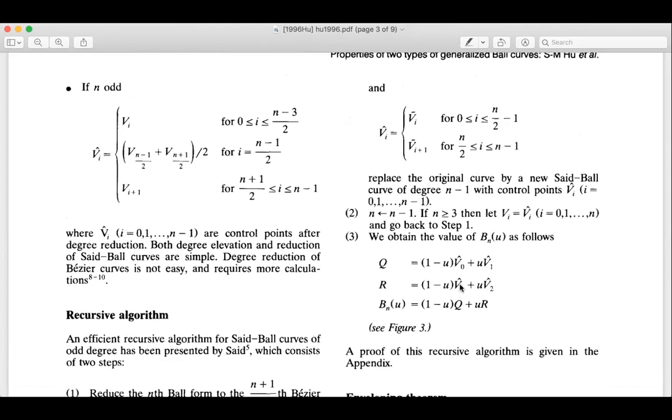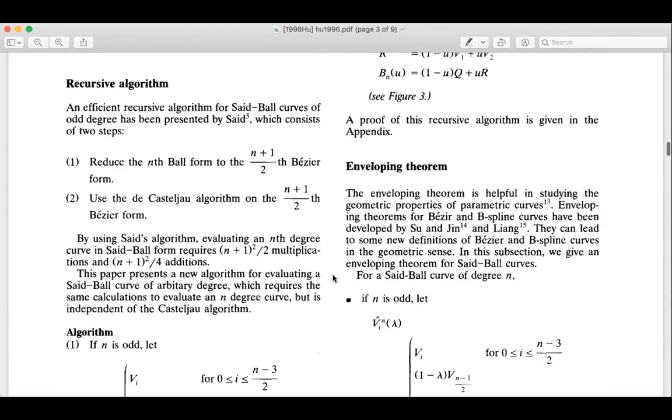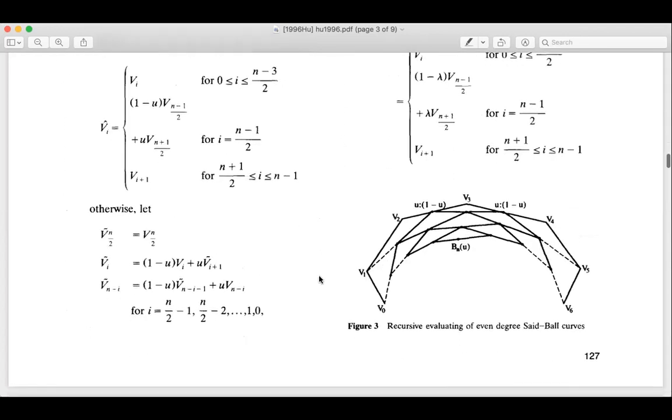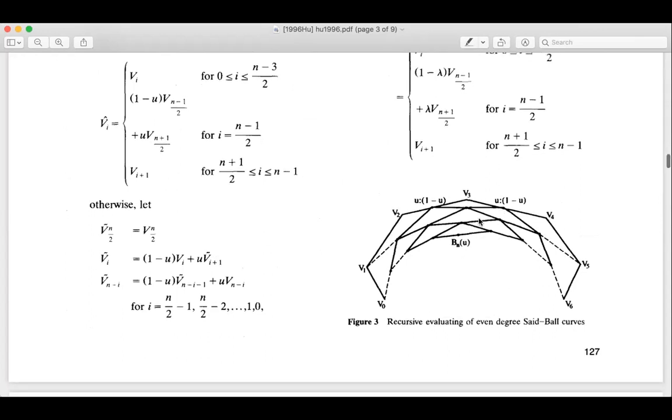That would be to calculate the points on the Said-Ball. Okay, I will leave you to try to solve this problem. And this one is a linear interpolation form of Said-Ball. If you want to understand this recursive algorithm, you can also understand this formula, this form.